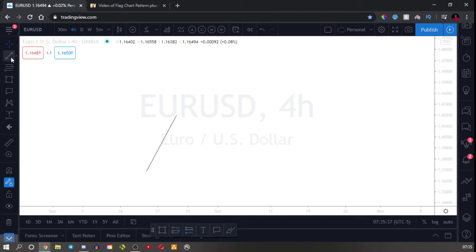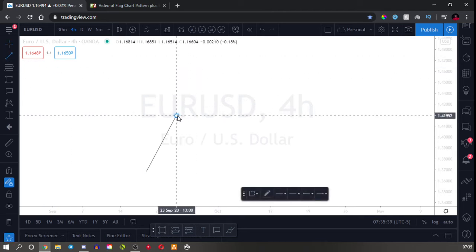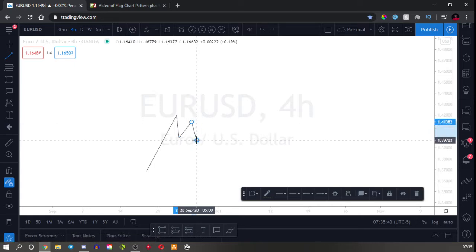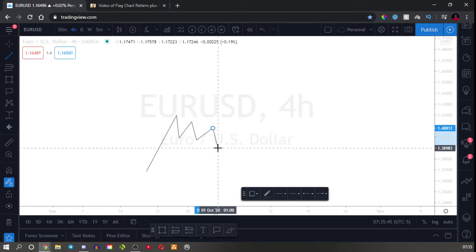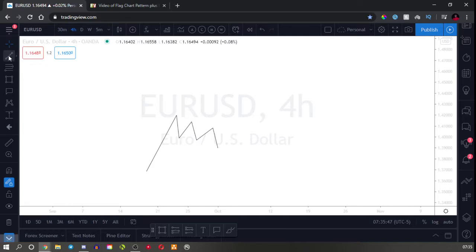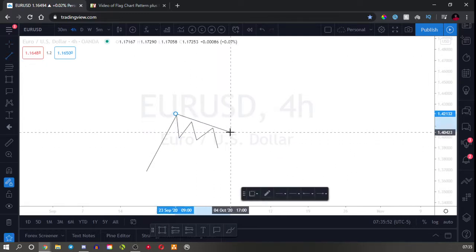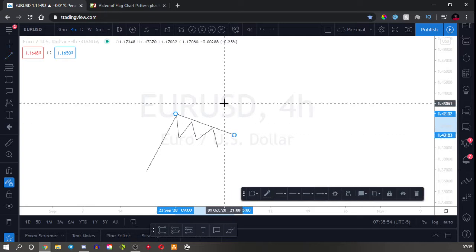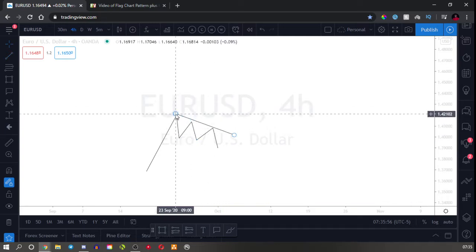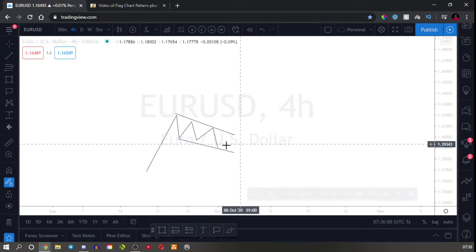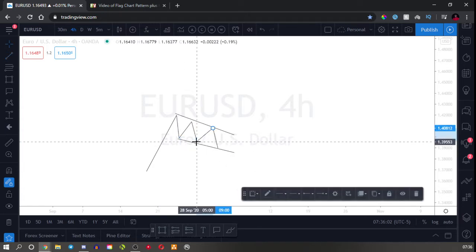Now, after that, we have a pattern that forms that goes the opposite direction of the impulse, okay? And when it goes the opposite direction of the impulse, like actually goes down, we have basically resistance up here, and below we have support, okay?